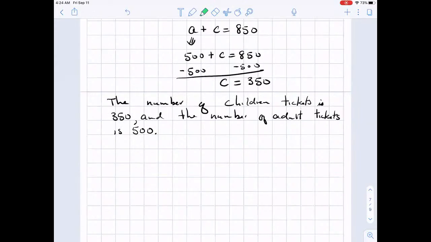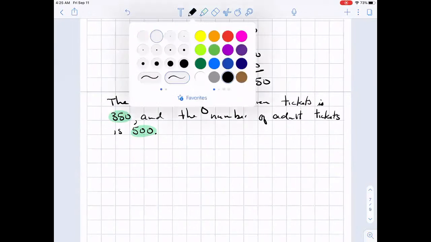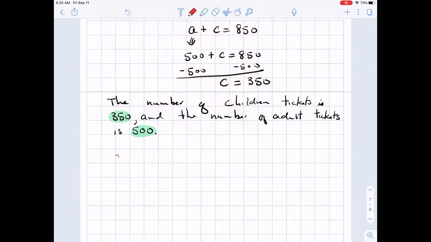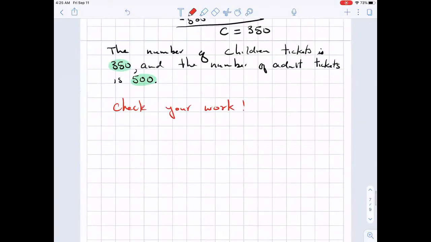So obviously here, there were more adults than children. And you should also, on your own, check your work. You must check your work. So as a little assignment for you, you can check your work and see if this makes sense.